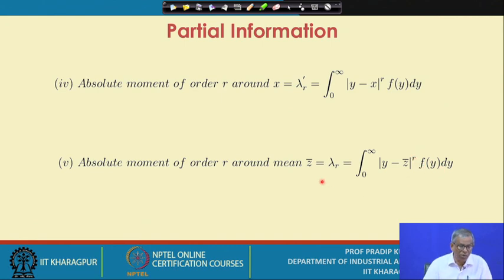Now why have we proceeded up to the absolute moment of order r around mean z bar? There is a reason for this.